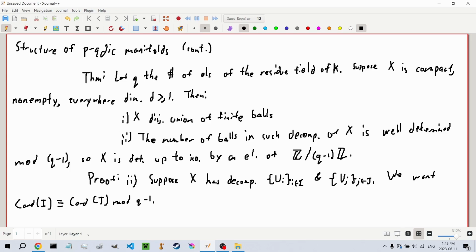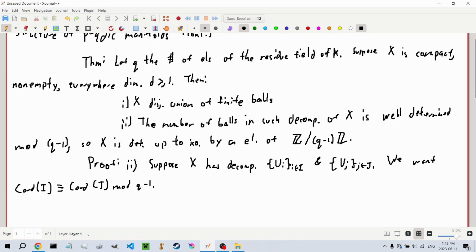Okay, so first off, I don't know yet if we're going to prove these all afterwards or what, but first off we reduce to the collection of U_i as a refinement of our collection of V_j's.